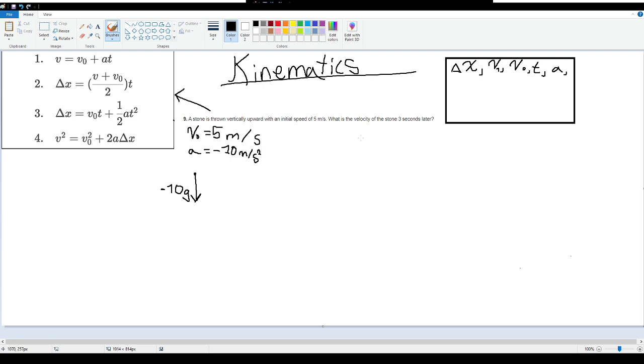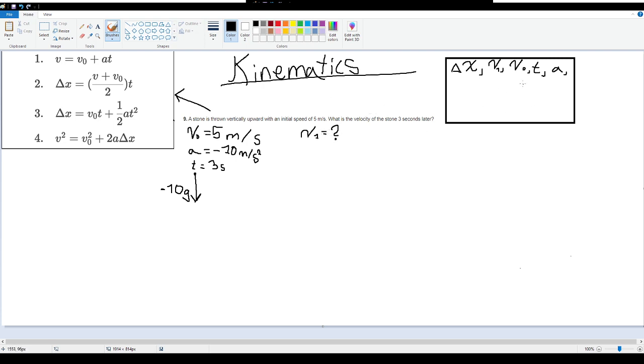And then, let's see, we have time. When it's asking what is the velocity 3 seconds later, think of it as it's giving you the time. It's saying 3 seconds is the time. And then all we need is final velocity. So I'm going to do v1 equals question mark.